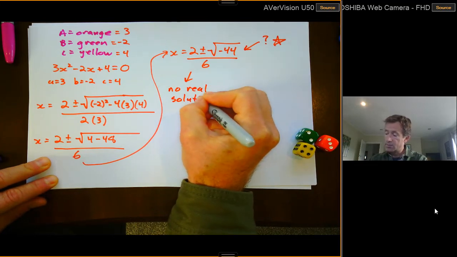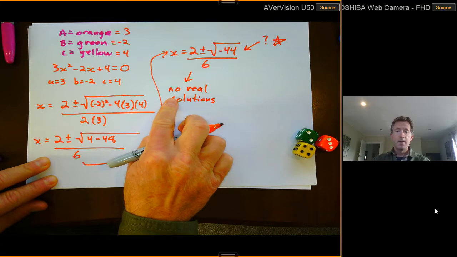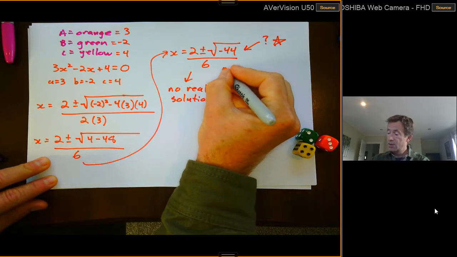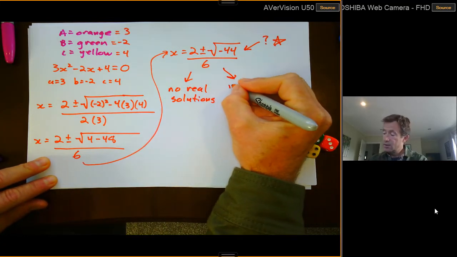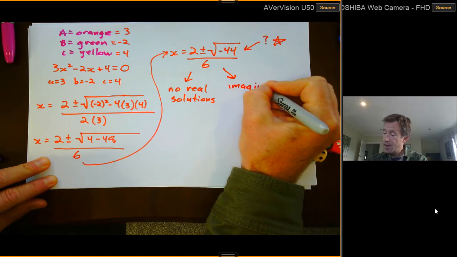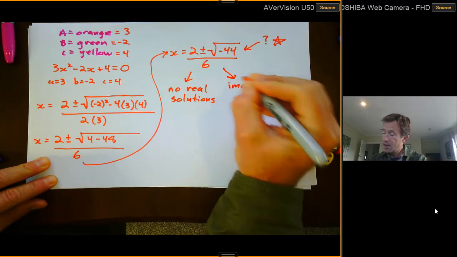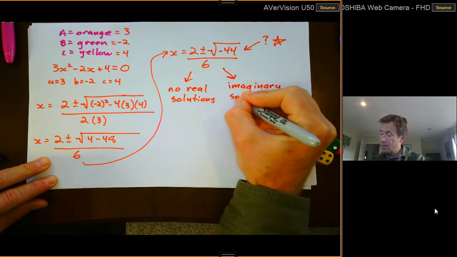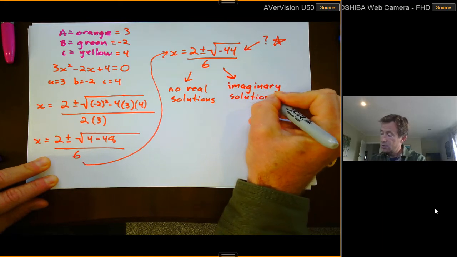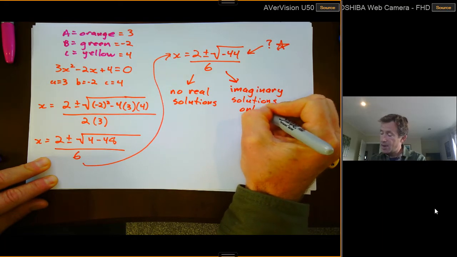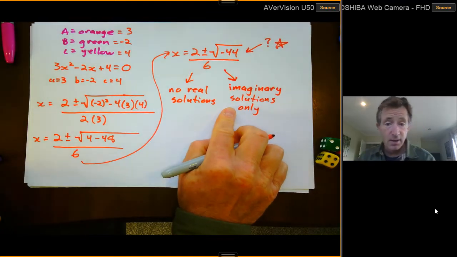There are solutions, I'm just not going to get into them in this video. You'd have complex number solutions, imaginary solutions only, and when we say imaginary, we mean imaginary numbers.